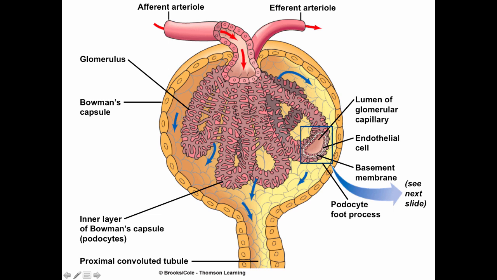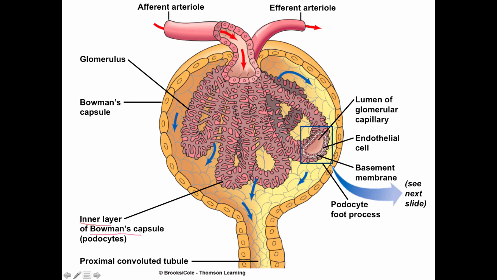In this cutout, you see the innermost layer is the layer of endothelial cells. That's just the capillary membrane, the wall of the capillary. Then in white is the basement membrane. And then on the outside is this odd-looking layer that we call the inner layer of Bowman's capsule.